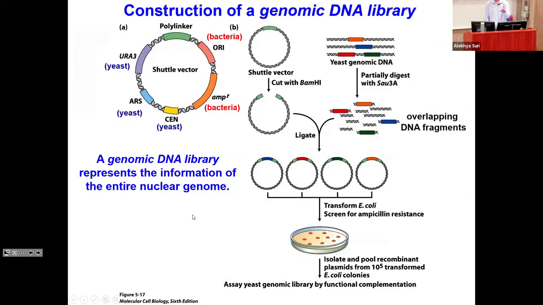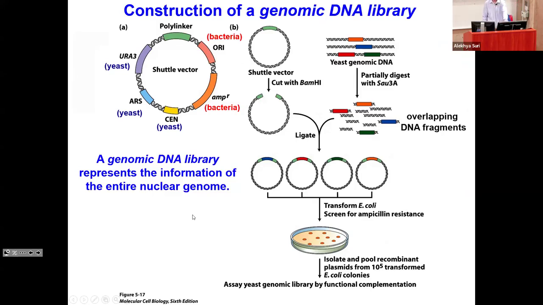In contrast, a genomic DNA library is a collection of different DNA fragments. So this could be thousands and thousands of DNA fragments. They would overlap.